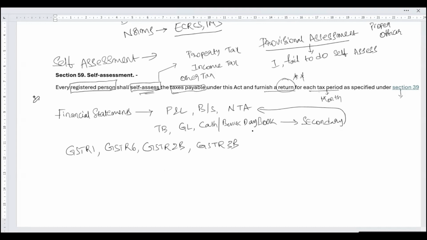Law says not everything is a return. A return is something which is specified under section 39. So what is specified under section 39? That is called a GST return. So what if it is not coming under section 39? Then it is not a return. So in simple terms, return means something which is specified under section 39. This is what we need to keep in mind.